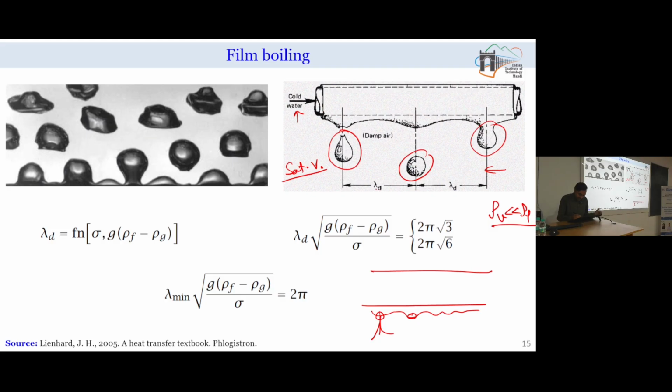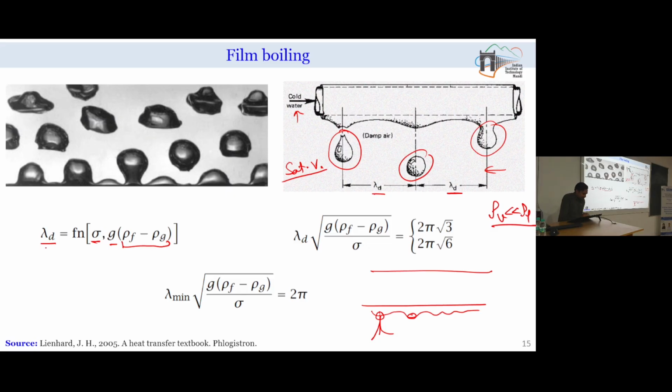Now, on an average basis, lambda d is the wavelength of these interfacial waves which are forming and growing and leading to the pinch off of the liquid droplet. So this lambda d is typically a function of surface tension force, gravitational field, and the density difference between the two.